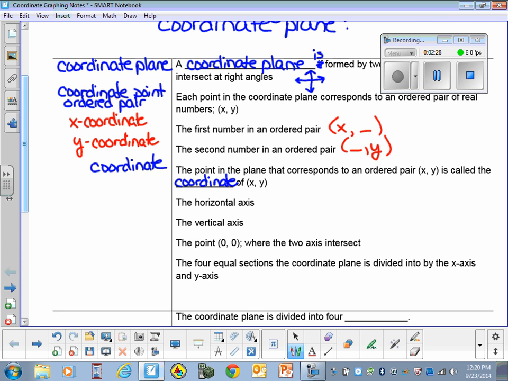The horizontal axis is called the x-axis. This is the one that goes side to side. The y-axis is the vertical axis. It's the one that goes up and down.